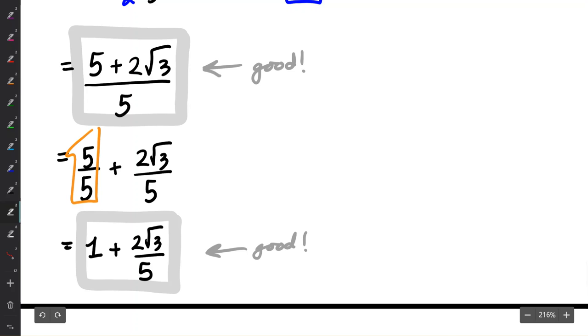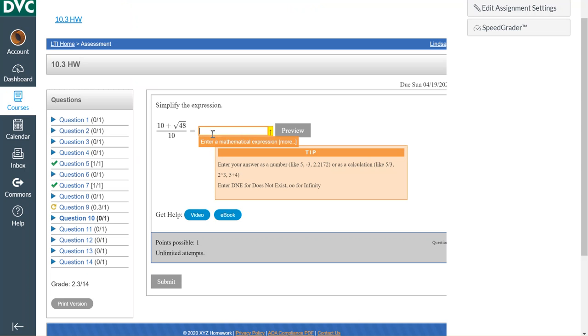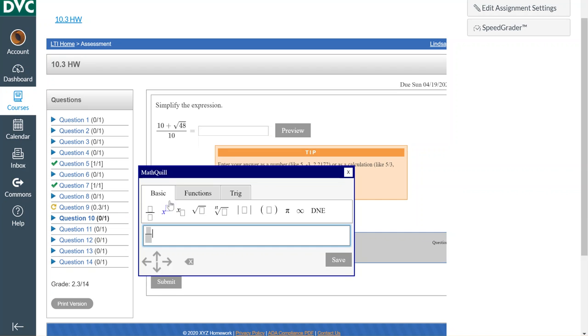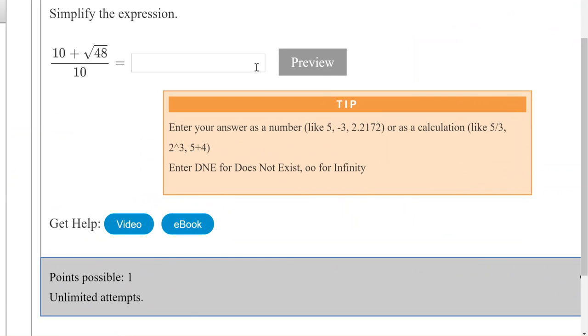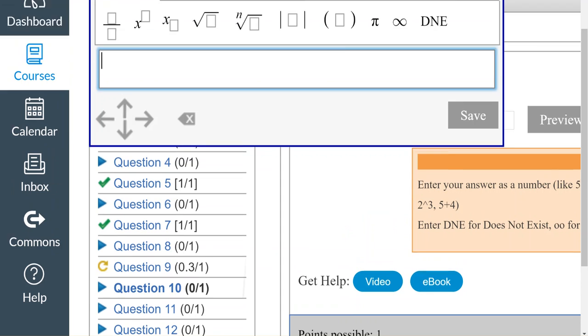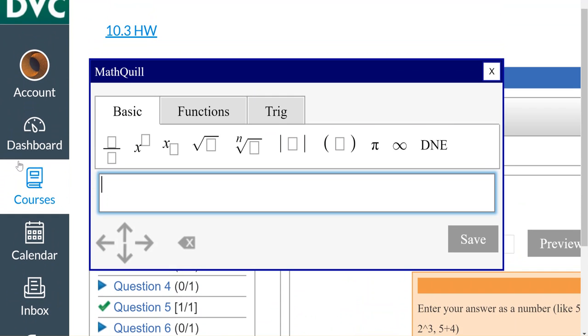Sorry, I have the sniffles. All right, so I want my big fraction bar. And let's see if I can zoom in. That's better.